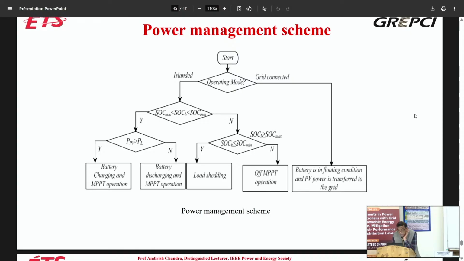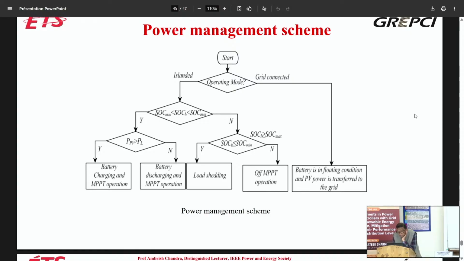If it says yes, then is PV power more than load power? If it says yes, then battery charging and MPPT operation. If PV power is less than load power, no, then battery discharging and MPPT, because you are getting less power from PV.